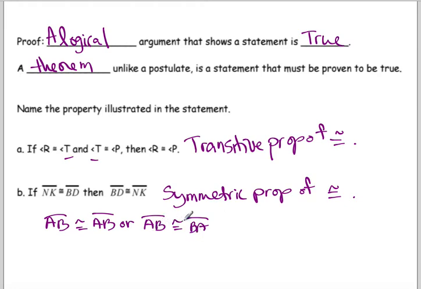Since they are the same exact segment, they are reflexive property of congruence. Versus symmetric, they are different segments that are congruent to each other, and you're just switching the sides that it was written on. Versus here again, same segment on both sides is reflexive property. These are both reflexive property.